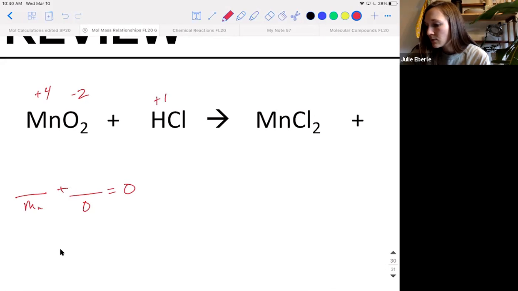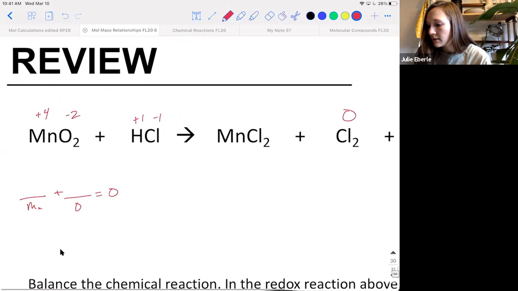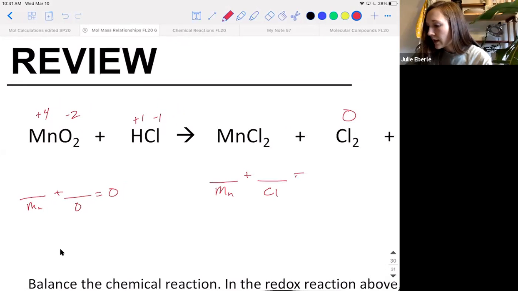Okay, I'm seeing +1 and -1 in the chat. Now let's move over to the product side. Here I've got manganese with 2 chlorines. Remember, the sum of the oxidation numbers for manganese plus the 2 chlorines has to add up to 0.